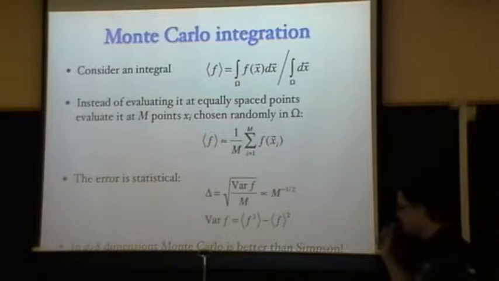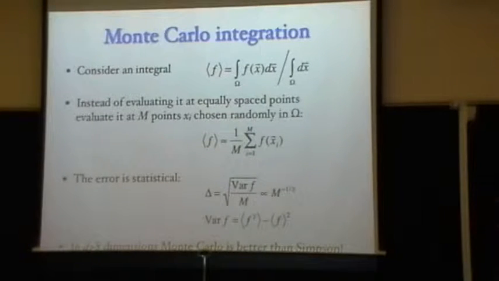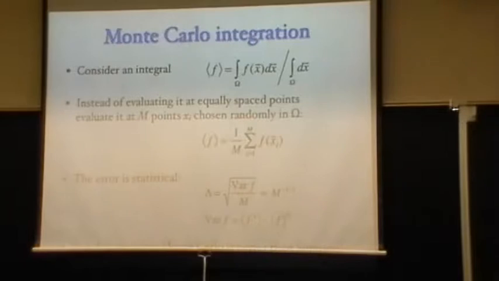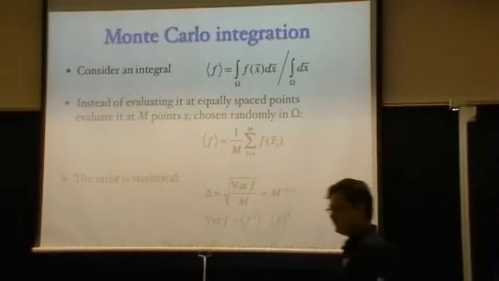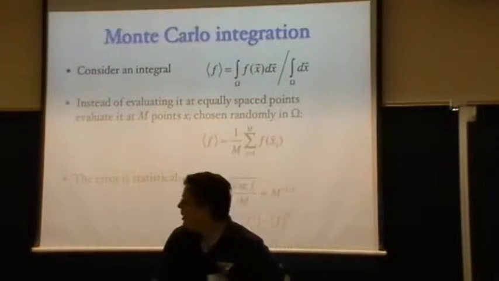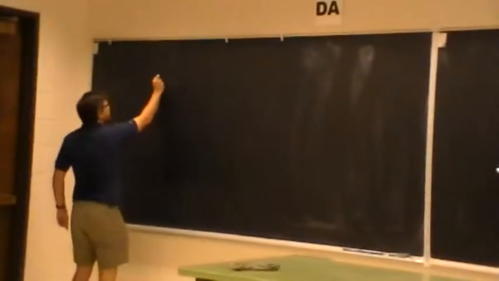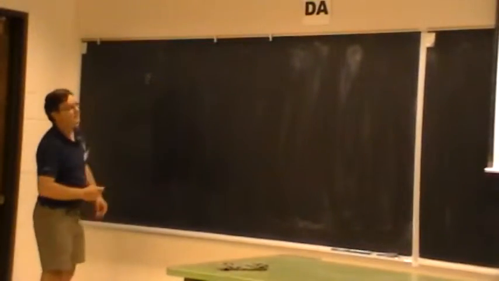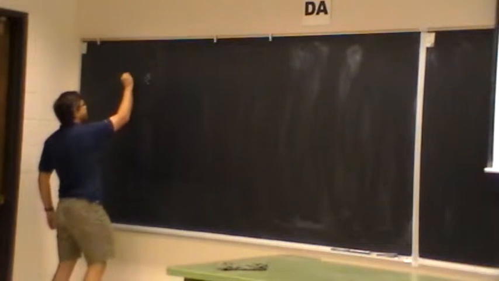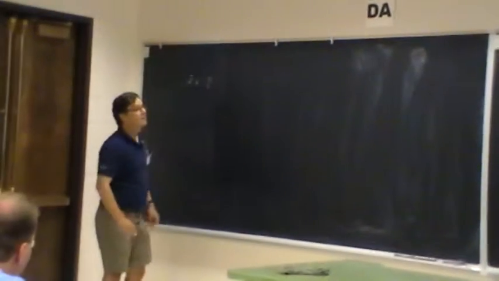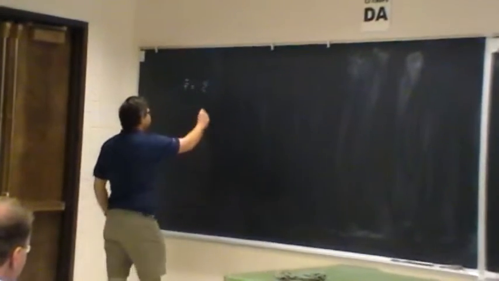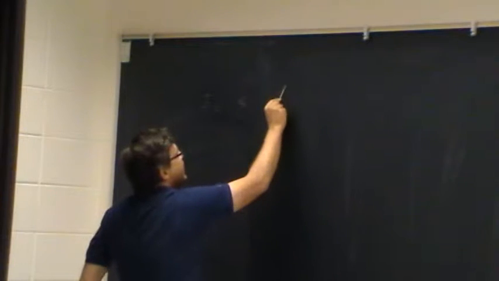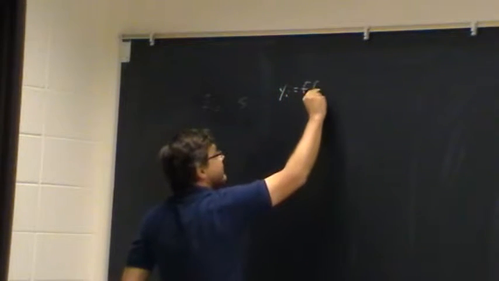So let me show you that calculation. So we have some function here, and we calculate the mean. Let me call that f bar. That mean is the sum over all, or let me call the points xi and yi is f of xi.